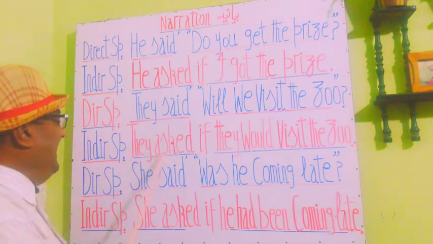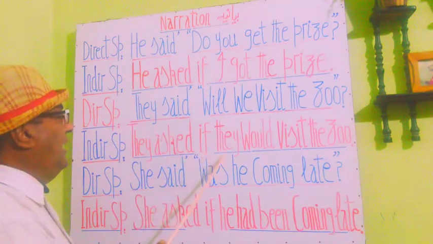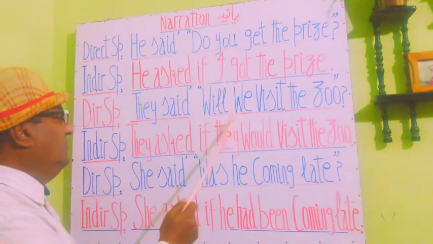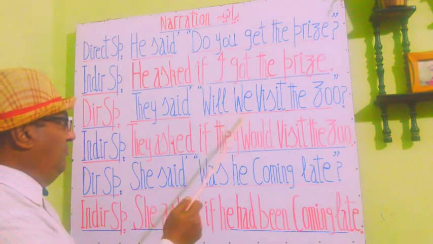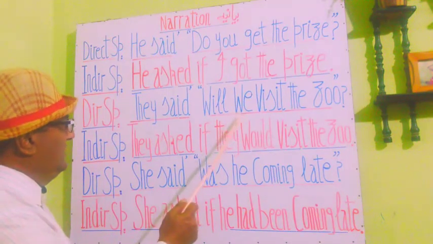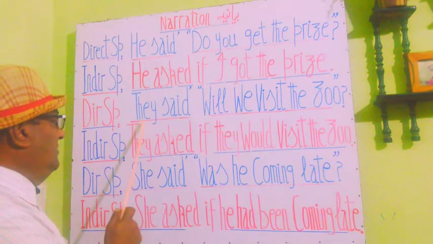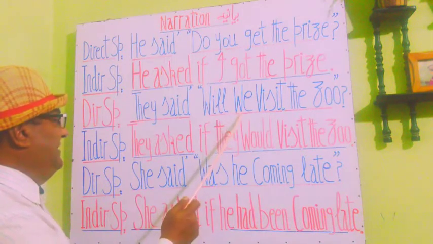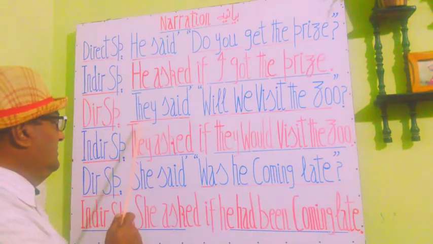They asked if. Commas are replaced by if as by rules, and here we see that we have we, which belongs to the first category of pronouns and indicates plural. We is to be replaced by the outer subject, which is they. So after if we will write here they, because we is replaced by they as the rules apply.